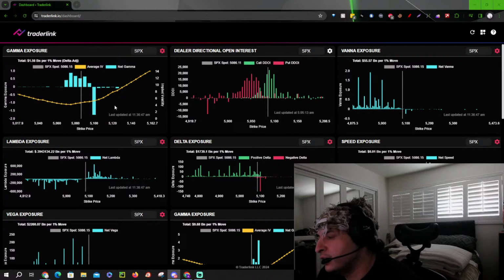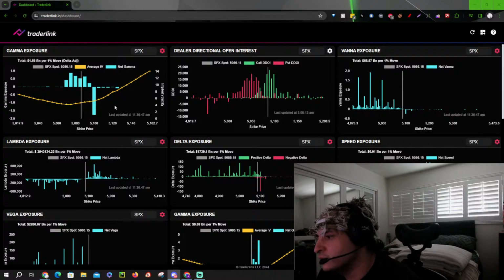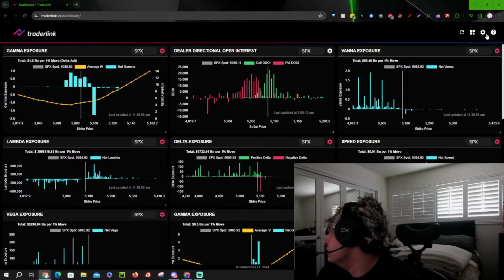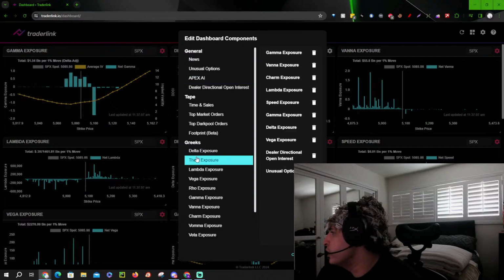A lot of people come here for one specific thing when the entire time we're trying to show you the tools you need on the dashboard in general, right? We have flow. We have directional dealer open interest. Apex AI kind of analyzes the exposures for you. Unusual options if you're not used to that.